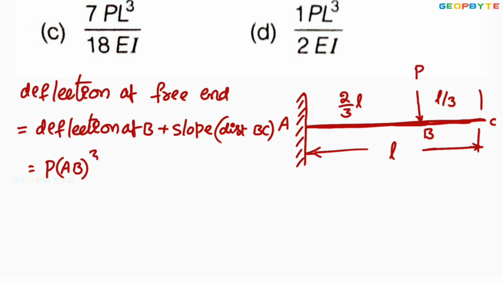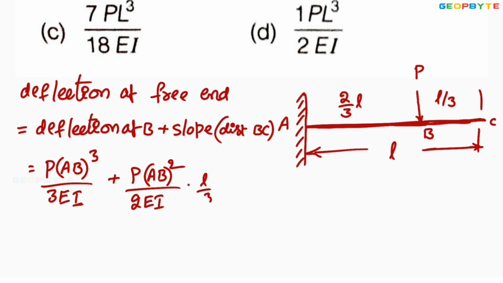Plus the slope, PL square by 2EI, L being the AB distance, into the distance BC.